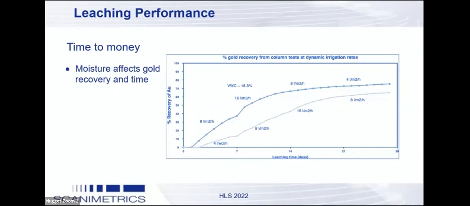Again, these are our sensor measurements where we're measuring volumetric water content. We varied that at different rates, but the total amount of solution was the same over the 21 days or 28 days shown in the graph here. And again, you can see if you don't get off to a good start, it makes it very difficult to catch up at a later time.